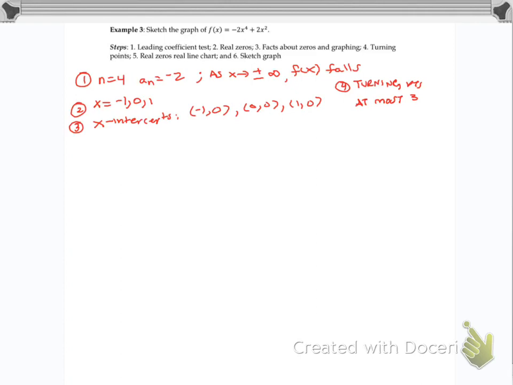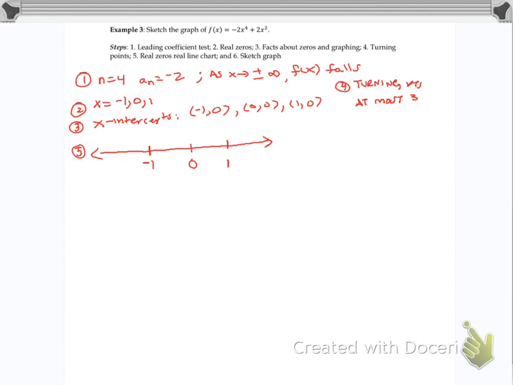Okay. And so step 5, which is sort of the heart of sketching this graph, is our real number line. So we draw a real number line, and we place our zeros on that real number line. So -1, 0, and 1 in the correct order.